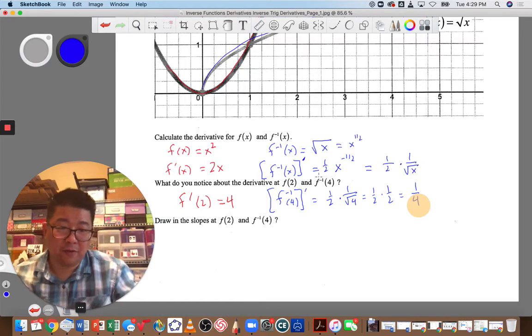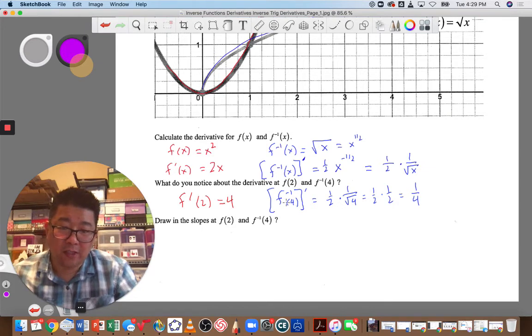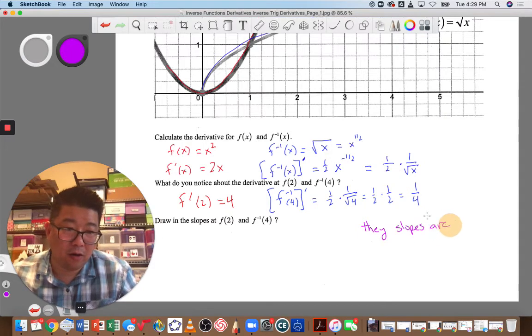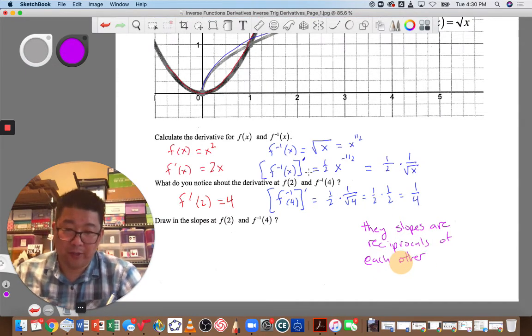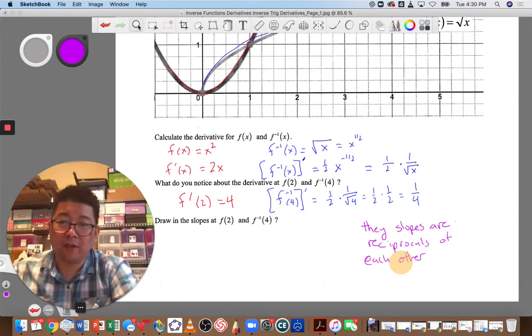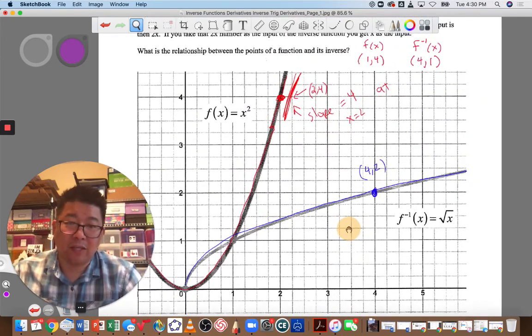This pattern is that the slopes between the function and an inverse function at one related point are reciprocals of each other. So if you know a point and the slope at that one point, then you know what the point and the slope is of the inverse function.